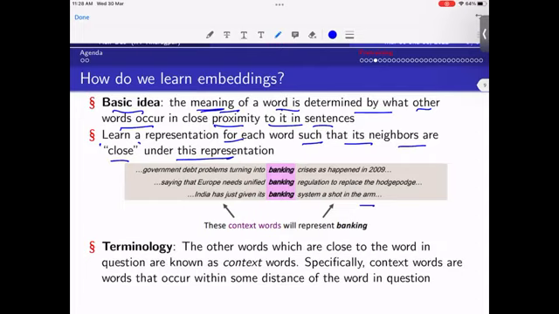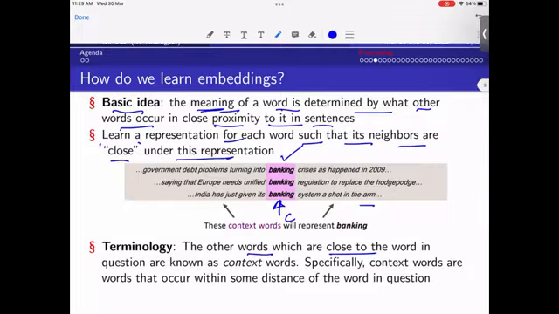Suppose we want to find the representation of banking, so we will rely on sentences that involve this word, and the terminology we will use is that this will be the center word, the word in question, for which we want the representation.